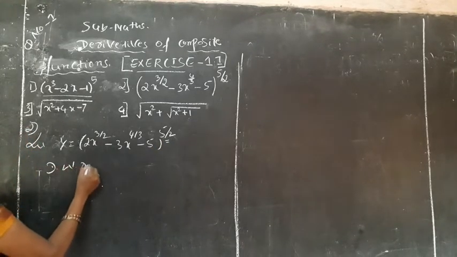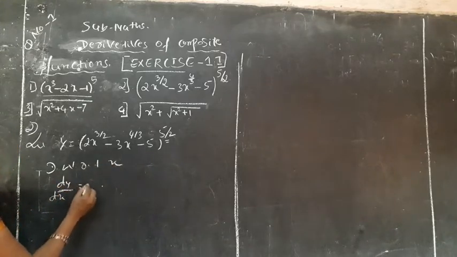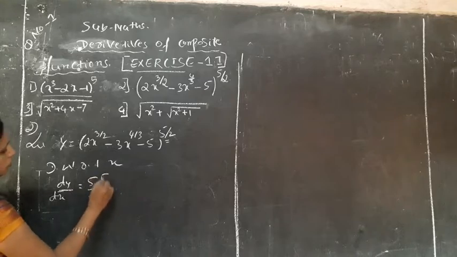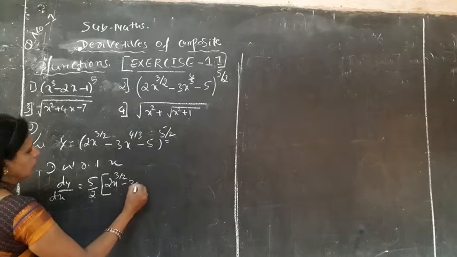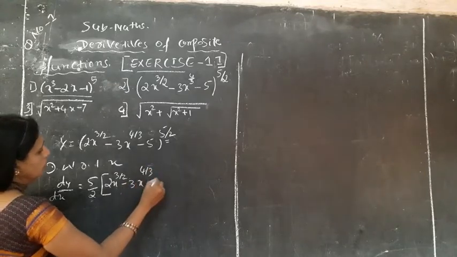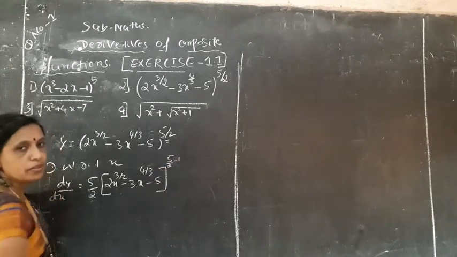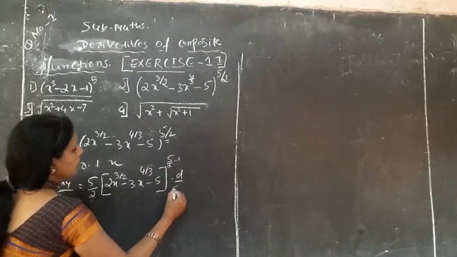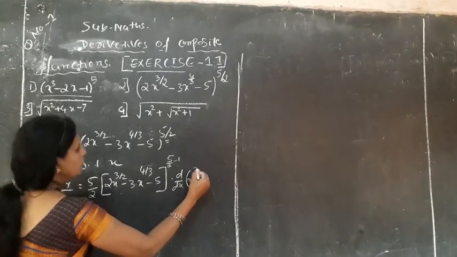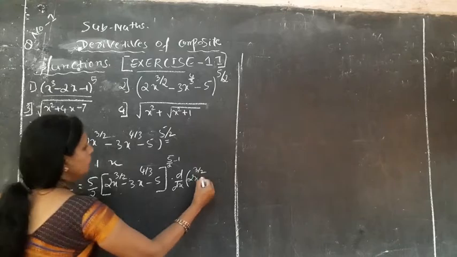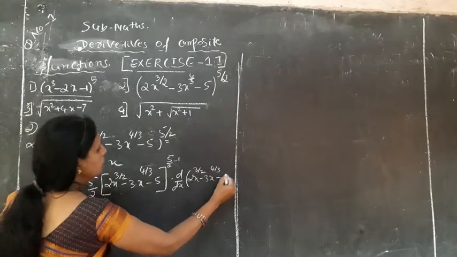Differentiating with respect to x, dy upon dx equal to 5 upon 2. Write the function power 5 upon 2 minus 1 into d dx of the function, that is 2x raised to 3 upon 2 minus 3x raised to 4 upon 3 minus 5.